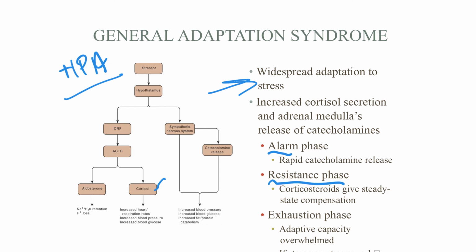And that takes, again, about 1 to 3 days. However, after a while, the body can't handle that. So you get into this exhaustive phase where the body can no longer compensate for these long-term stressors. And in these cases, like with the wire mothers, for example, you find that they don't live as long as monkeys not taken from their parents.